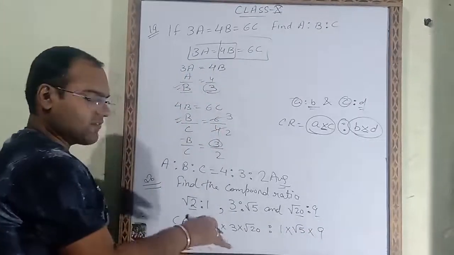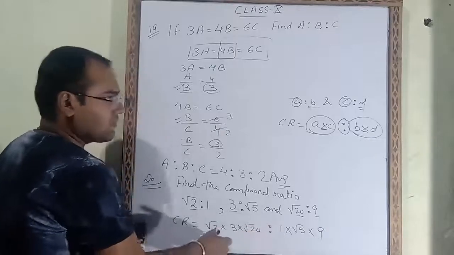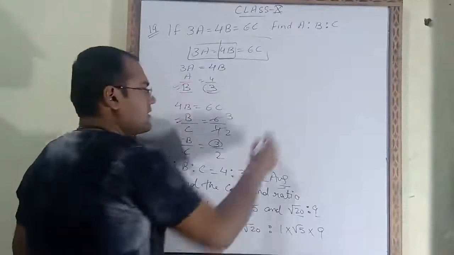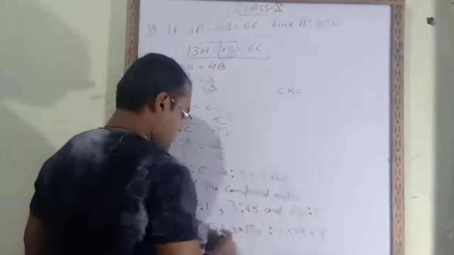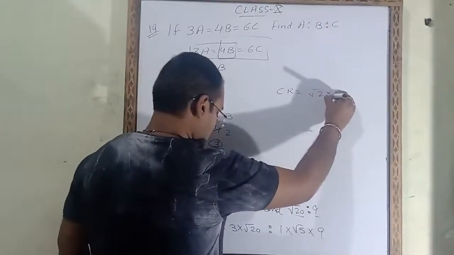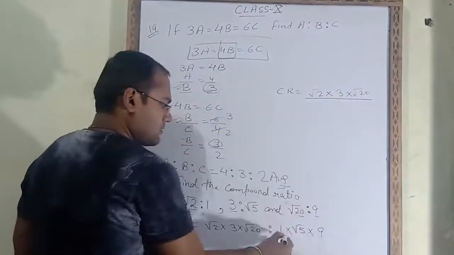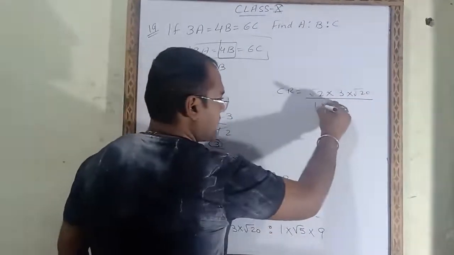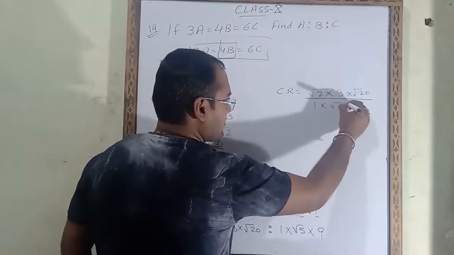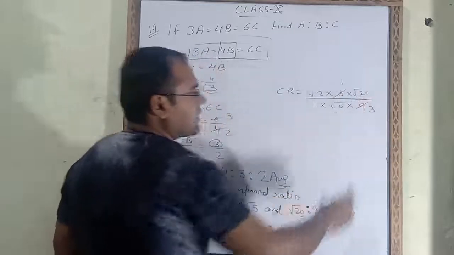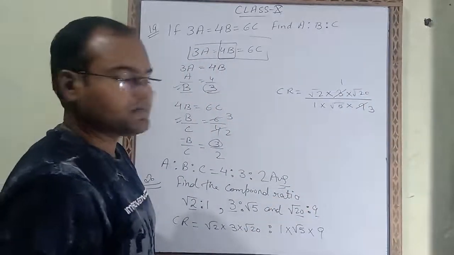Now we will write in division form. Ratio means upon, so we will write in upon form. So compound ratio is equal to root 2 into 3 into root 20 upon 1 into root 5 into 9. 3 1s are 3, 3 3s are 9.